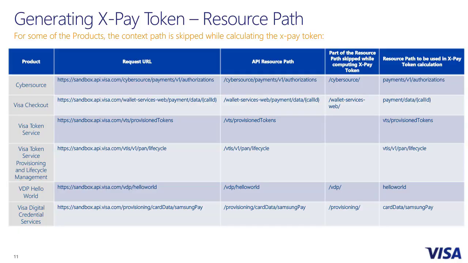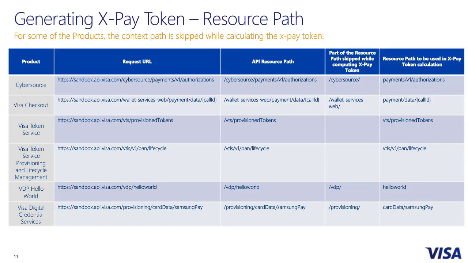Why is because in VDP, we can configure different products in such a way that we can skip part of the URL while actually computing XPay token. So for CyberSource, we are skipping cybersource there. So when you actually calculate the XPay token, only payment/v1/authorization will be used. You'll understand it better when I show you a demo.